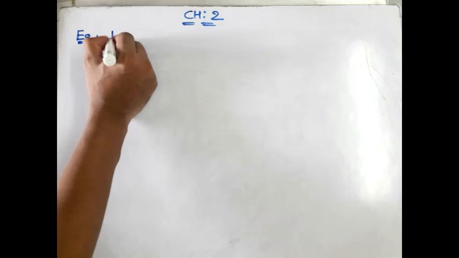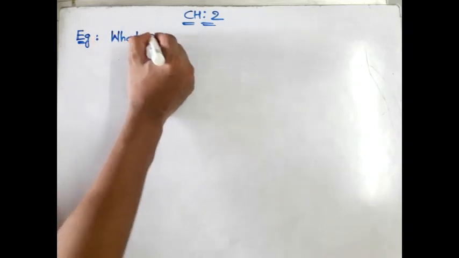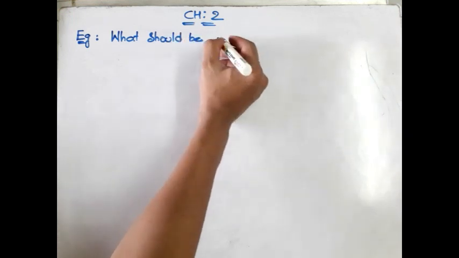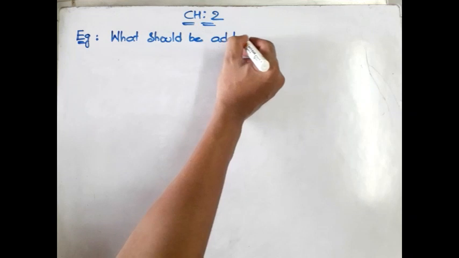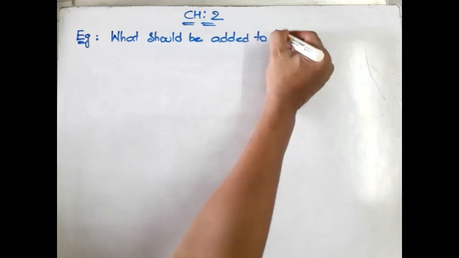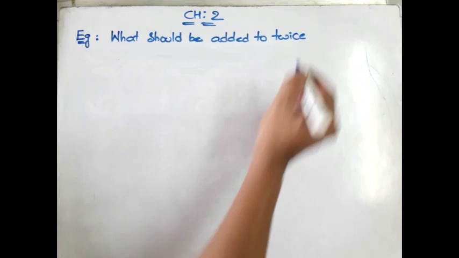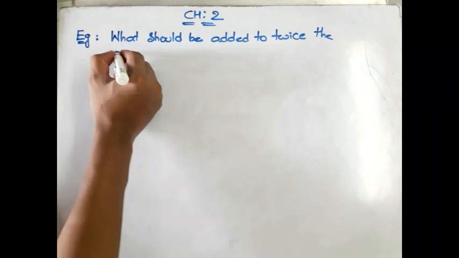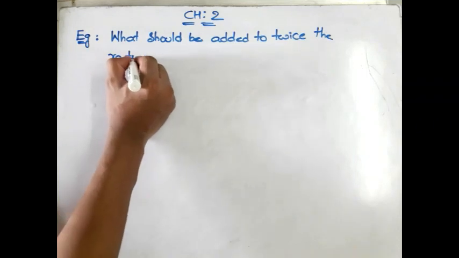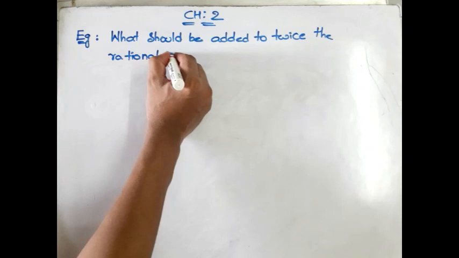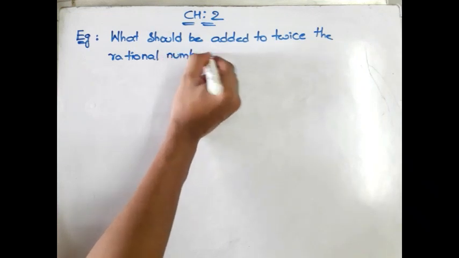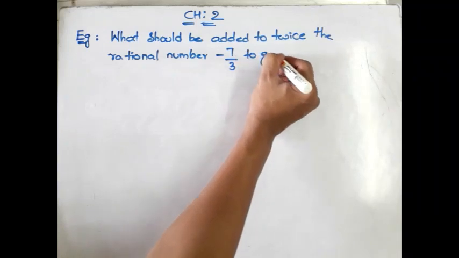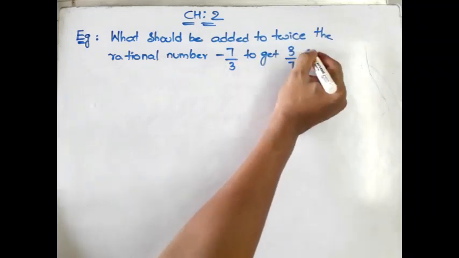Look, what should be added to twice the rational number minus 7 by 3 to get 3 by 7?